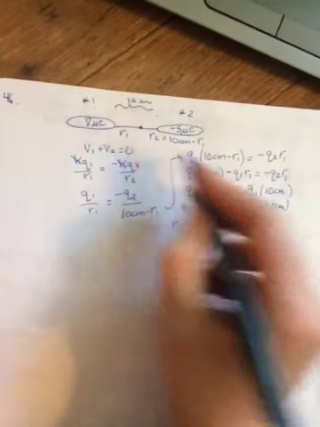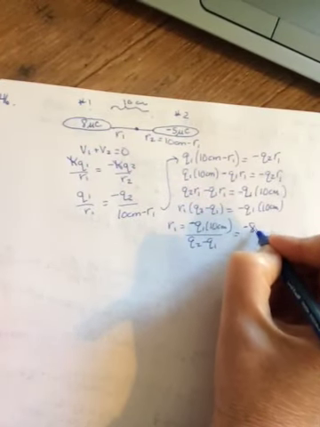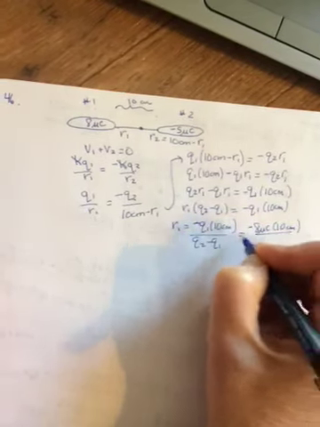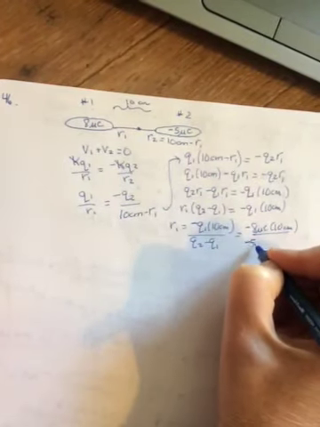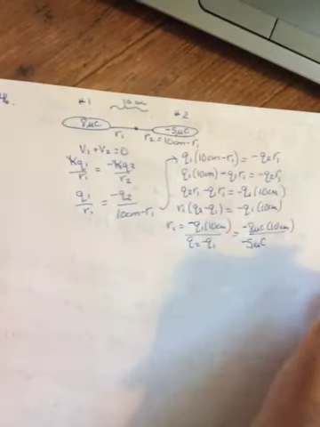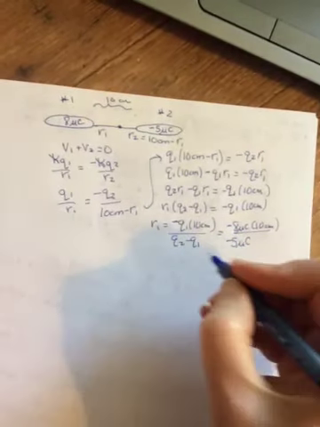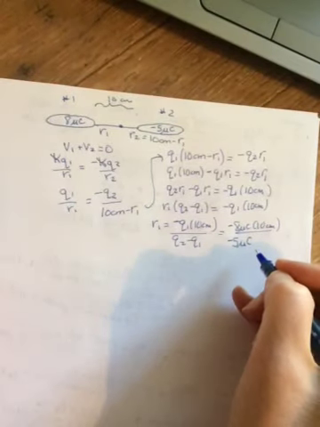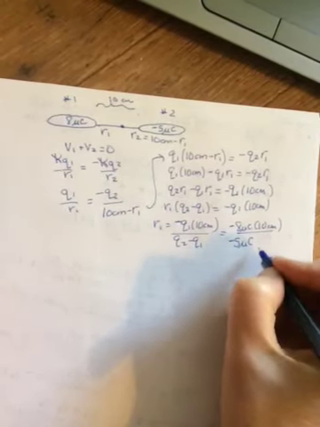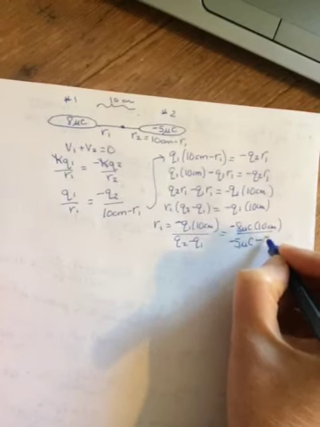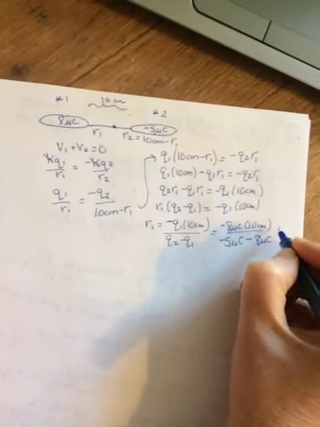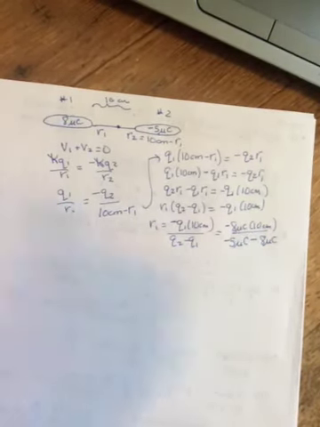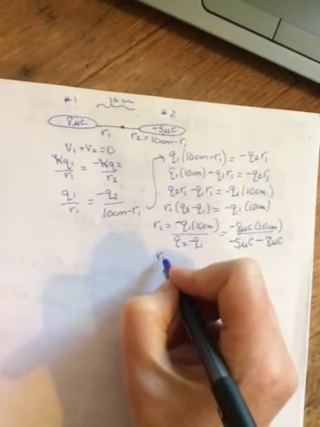Fill in your numbers. So 1 was 8, so negative 8 microcoulombs times 10 centimeters, and on the bottom, negative 5 microcoulombs, did I mess up a negative sign? No. Minus 8 microcoulombs. So on the top, you're going to get negative 80 centimeter microcoulombs. On the bottom, negative 13 microcoulombs.